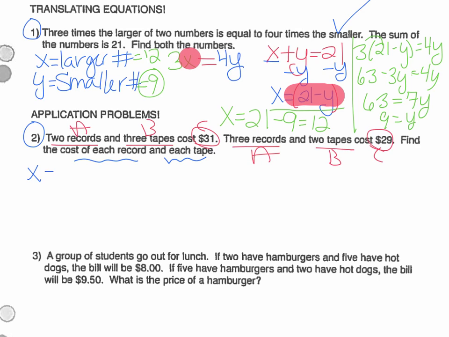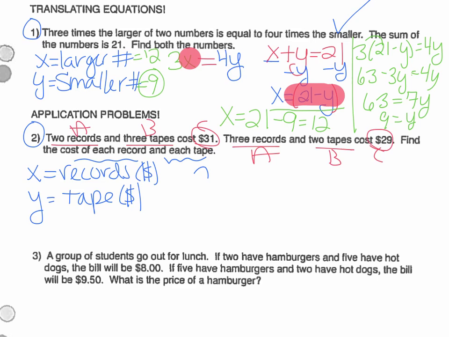So then I'm going to say x is the cost of the records, and y is going to be the cost of each tape. And so from there, let's create our 2 equations. That first one, we have 2 records. Well, that would be 2 times the cost of a record, right?